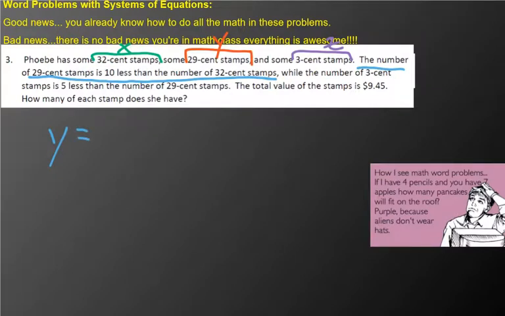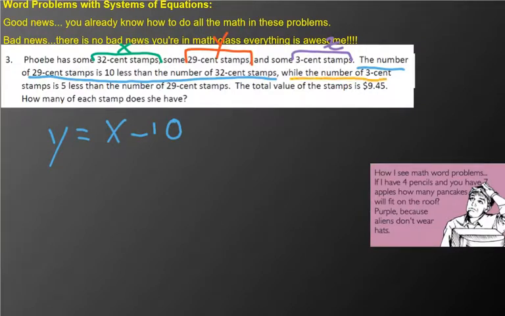And it's 10 less than the number of 32, so you could take your number of 32, which is X, and just subtract 10. And that would be the number of 29-cent stamps. So that would be the blue equation.